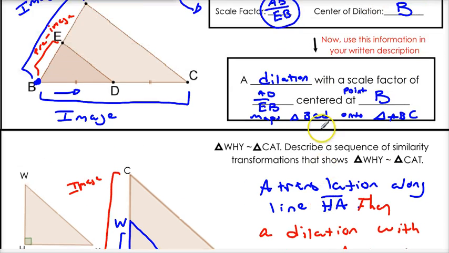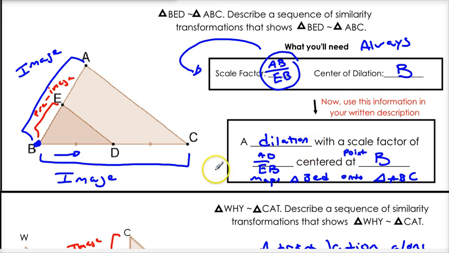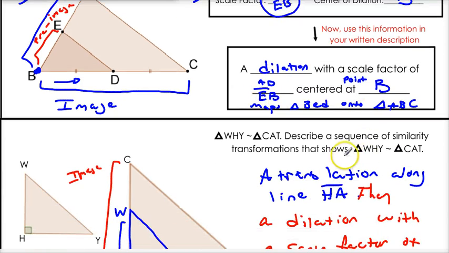All right. Just using this template every time, a dilation with a scale factor of blank centered at point blank will map them onto each other.